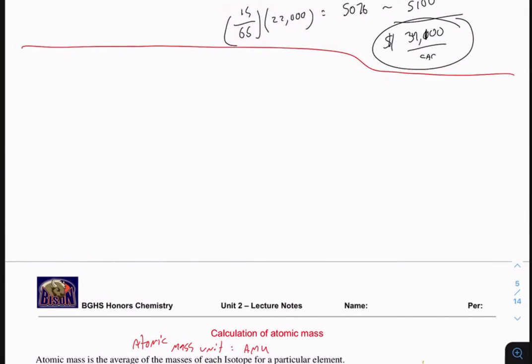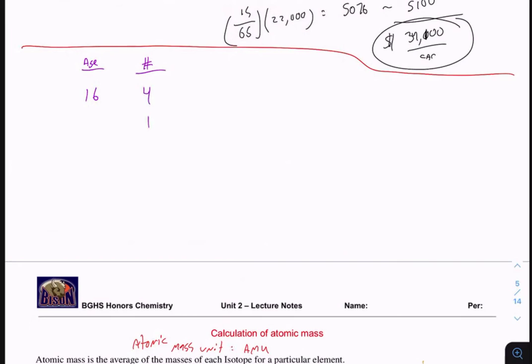First, I need some raw data. So, how many people here are 16? Okay, so 1, 2, 3, 4. Okay, so there's four people in this room who are 16 years old.